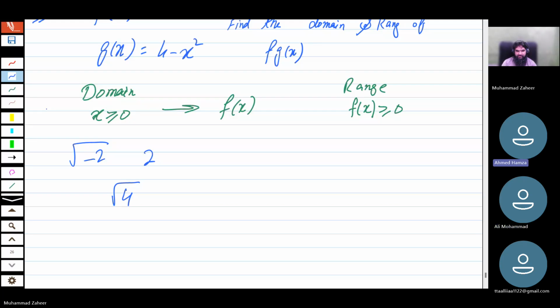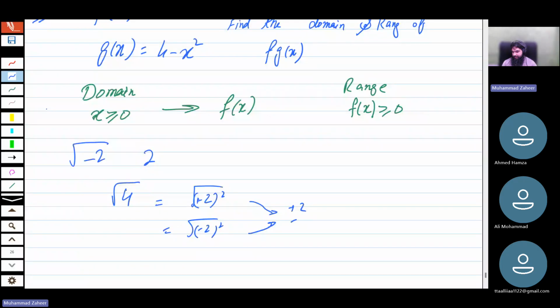Yes, that's it. We are taking the square root of 4 and supposing that it may be the square of plus 2, or it may be the square of minus 2. So we are going to be writing both possibilities, plus 2 and minus 2, right?